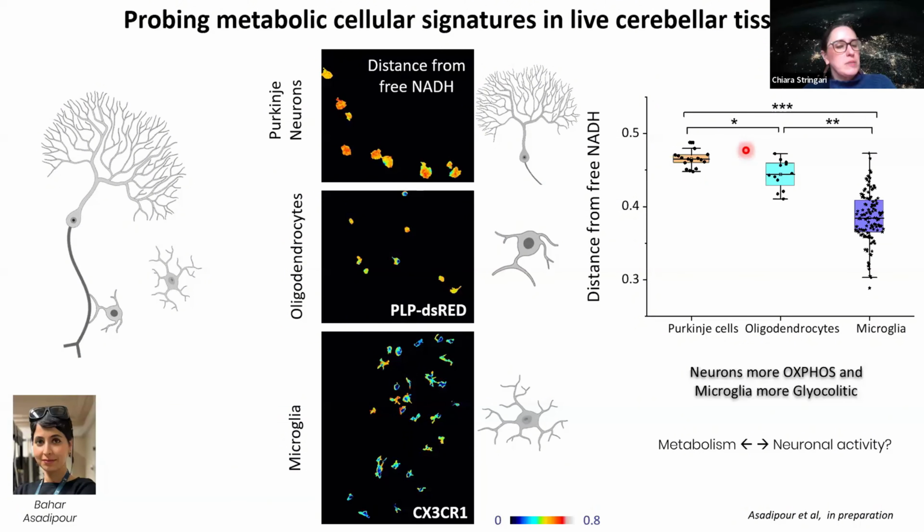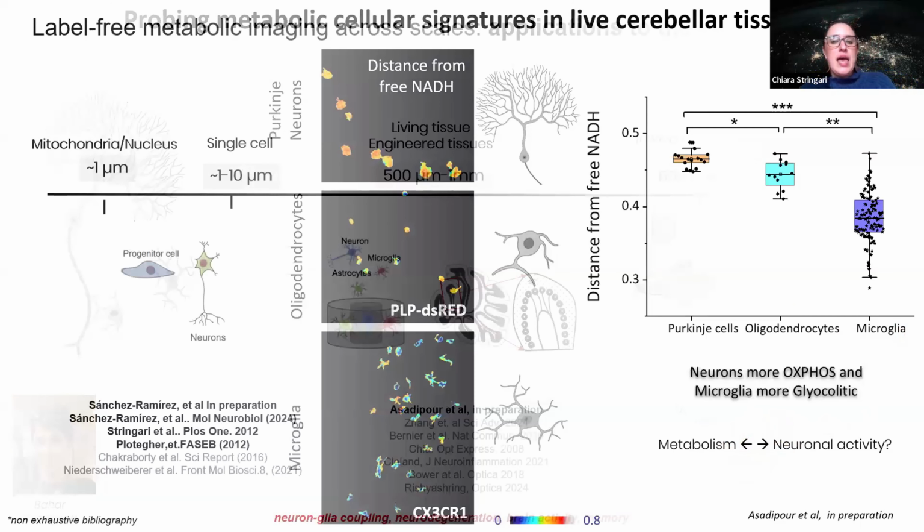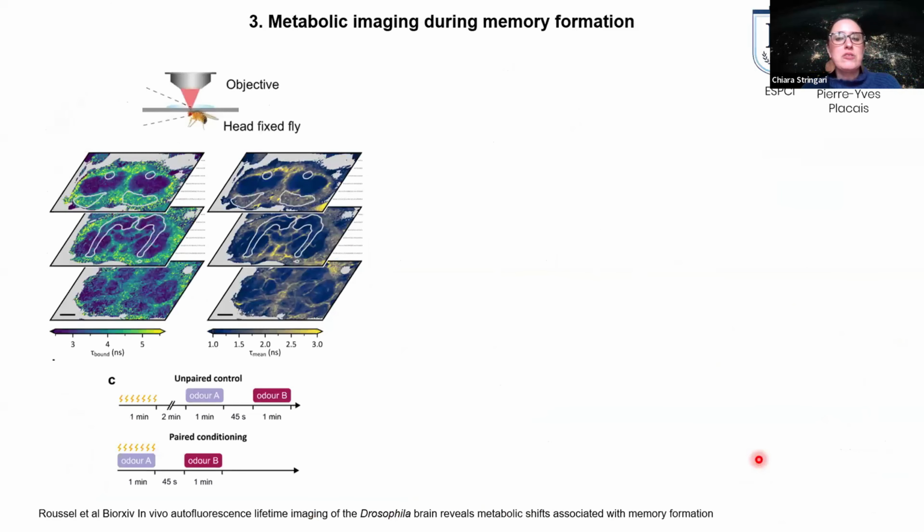So an interesting perspective in this field would be whether we can measure connections between metabolism and neuronal activity, depending on what type of neurons. And actually, this is a recent collaboration with Pierre-Yves Placé at the SPCI. With our collaborators, we're able to image the Drosophila brain in vivo and map the metabolic states of the entire brain or most part of the brain.